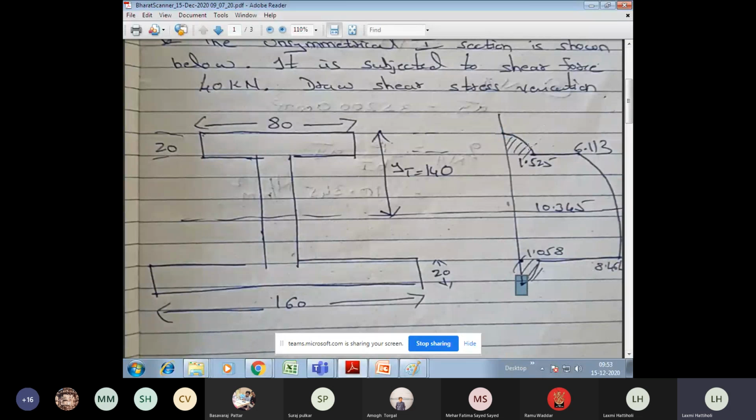At Q2, that is the bottom of the top flange, I am getting 1.525 megapascal or Newton per mm square. Mark it, 1.525. Next, at Q3, that is at the junction, I am getting 6.133. Mark it.